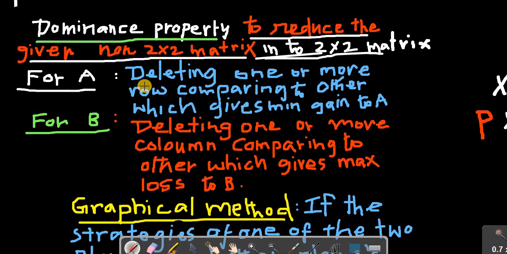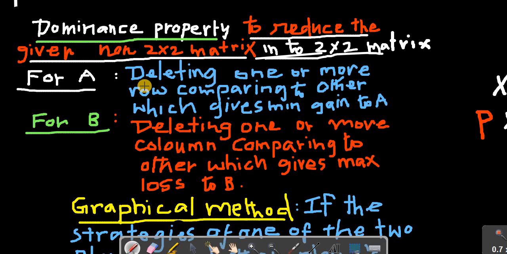Now another one for player B. What is his aim? We know that his aim is that he wants to minimize his maximum loss. So he is looking at his strategies, which are column-wise.